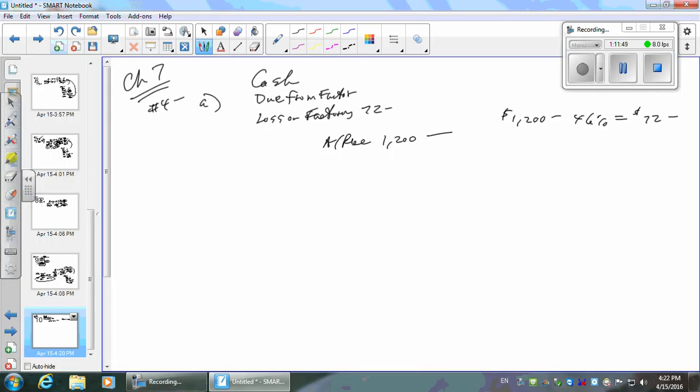I got less than that. Then how much did they hold back? 2%. 1,200,000 times 2% is what's that? 24,000. Right? They're holding back 24,000. So what's going to happen is they're going to pay me the 1,200,000 of my receivables, right? Less the 72,000 fee. Make sense?